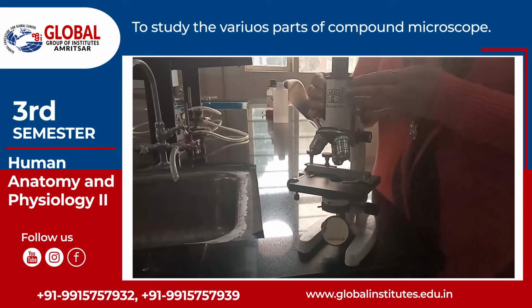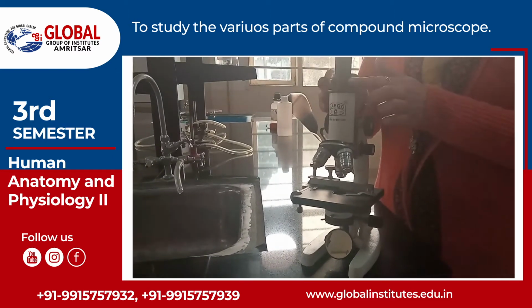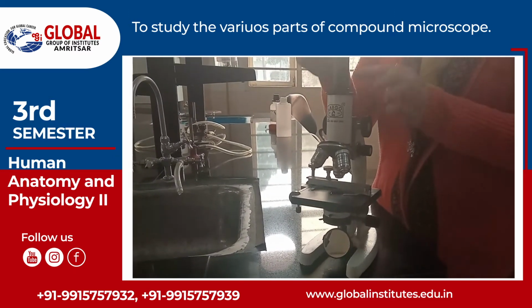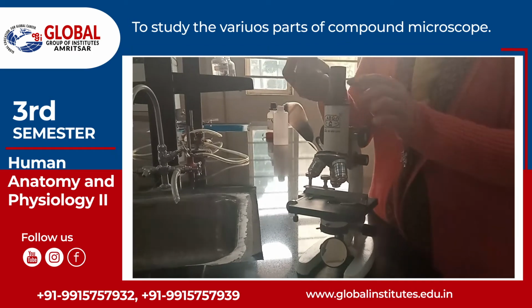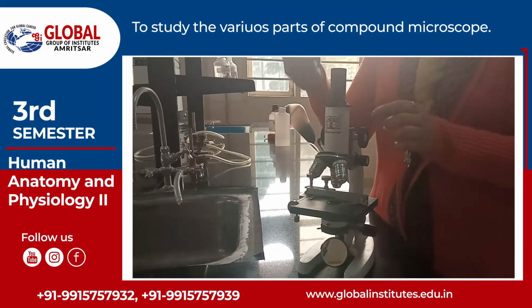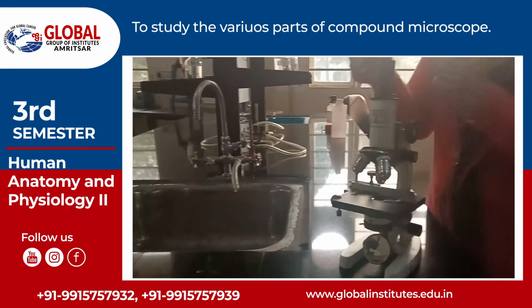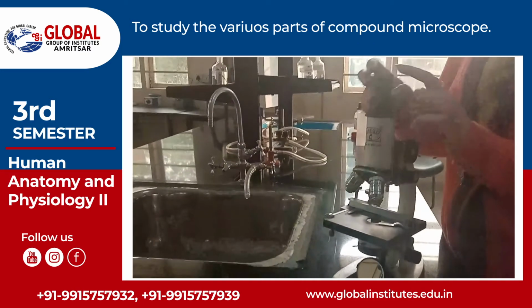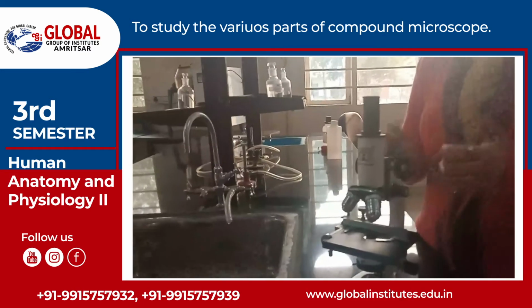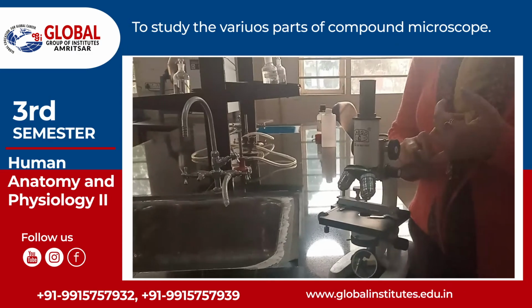From here the light further travels to this tube, which is known as the draw tube, and in this tube we fit the eye lens or the ocular lens or eyepiece. Again, these eye lenses are available in different magnifications from 4x to 15x.